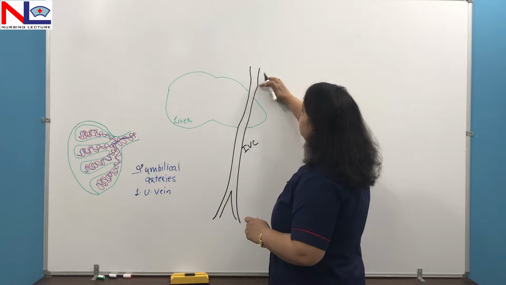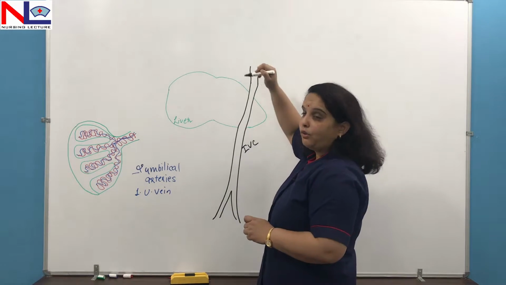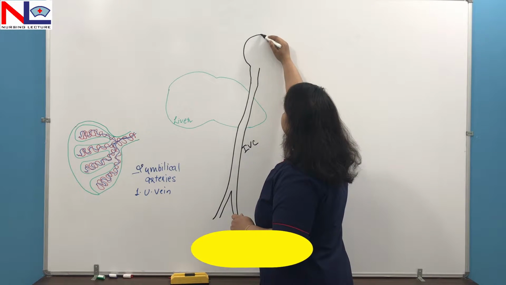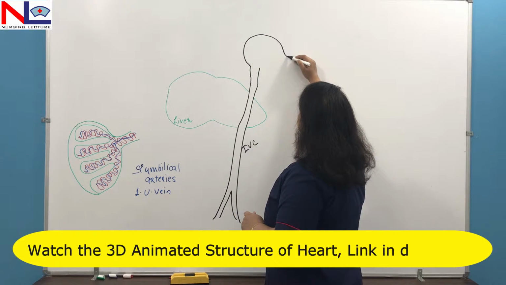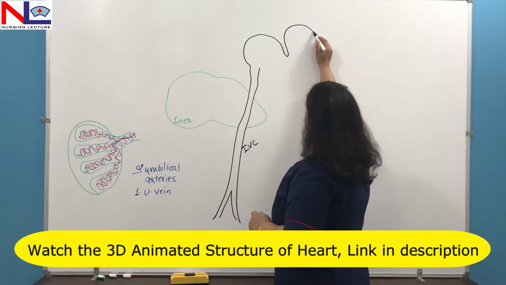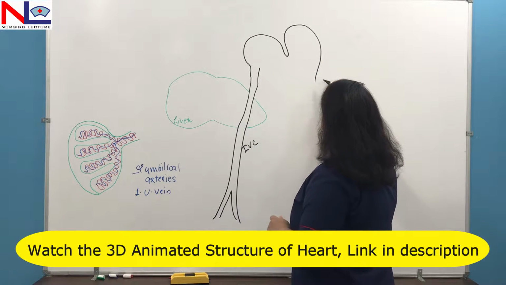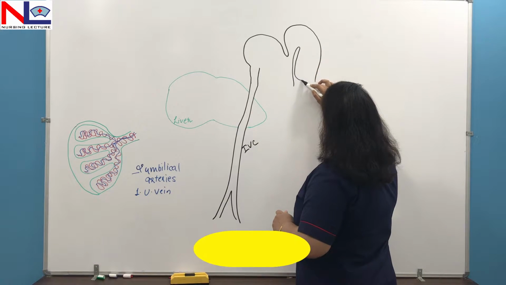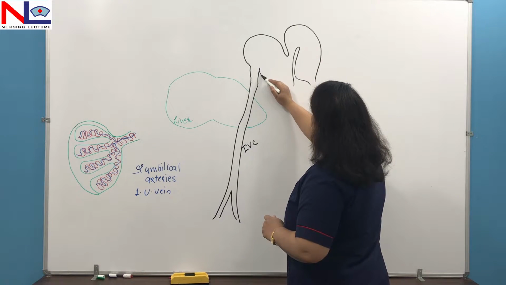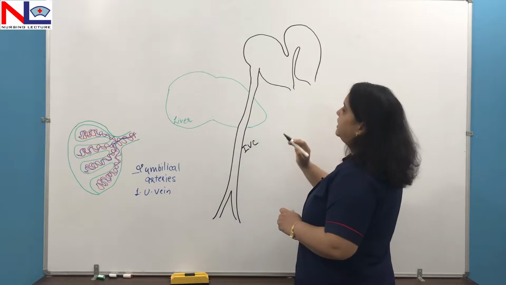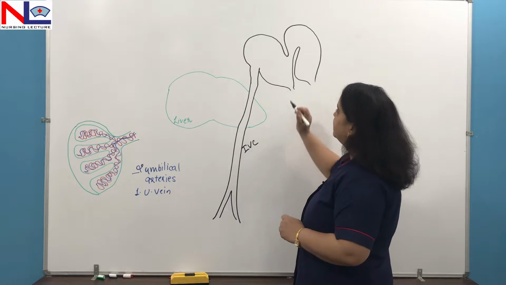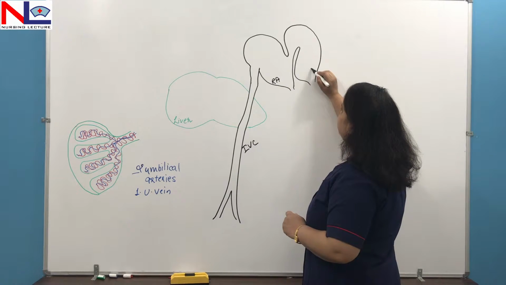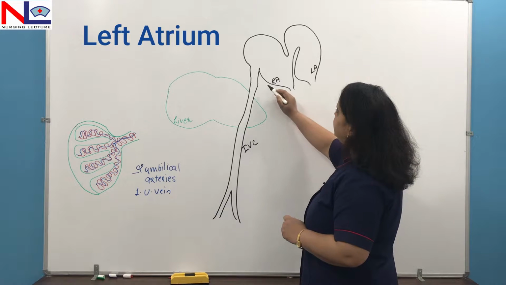Now the very important structure which is responsible for this whole circulation, that is the heart. So here are the two upper chambers of the heart. This is the right atrium, and this is the left atrium, right?